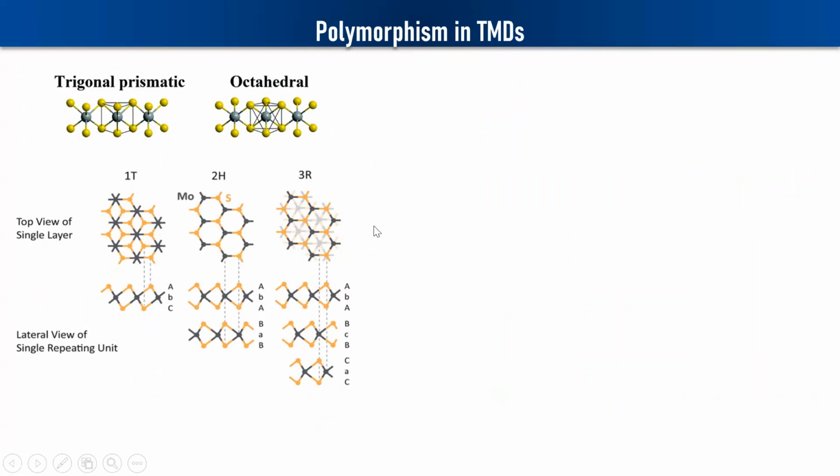Now, let me also give you a brief introduction to the topic of polymorphism in TMDs. By polymorphism, as I have already mentioned, you can either have the coordination of the transition metal to the chalcogen atoms in a trigonal prismatic way, or you can have an octahedral coordination.